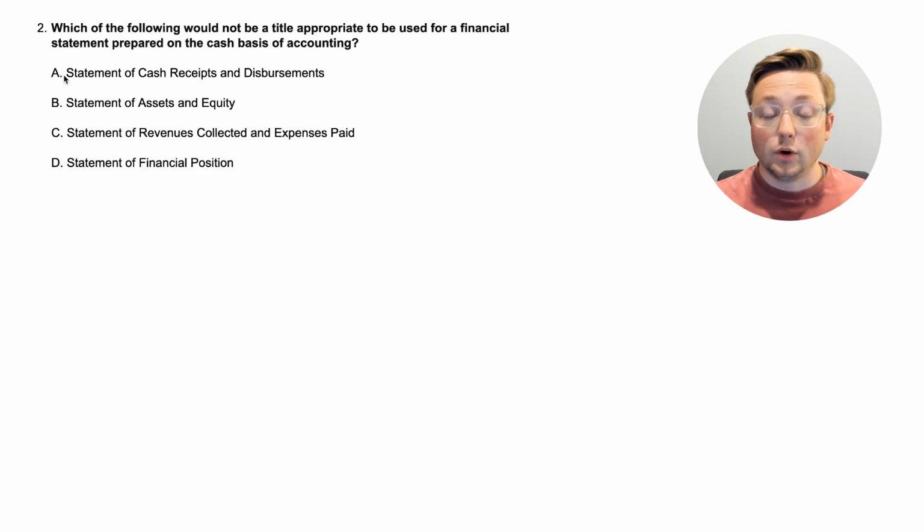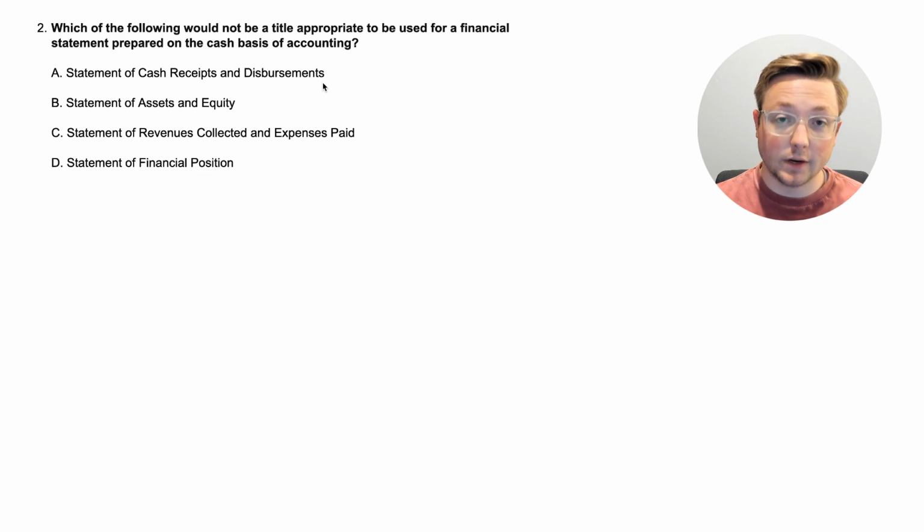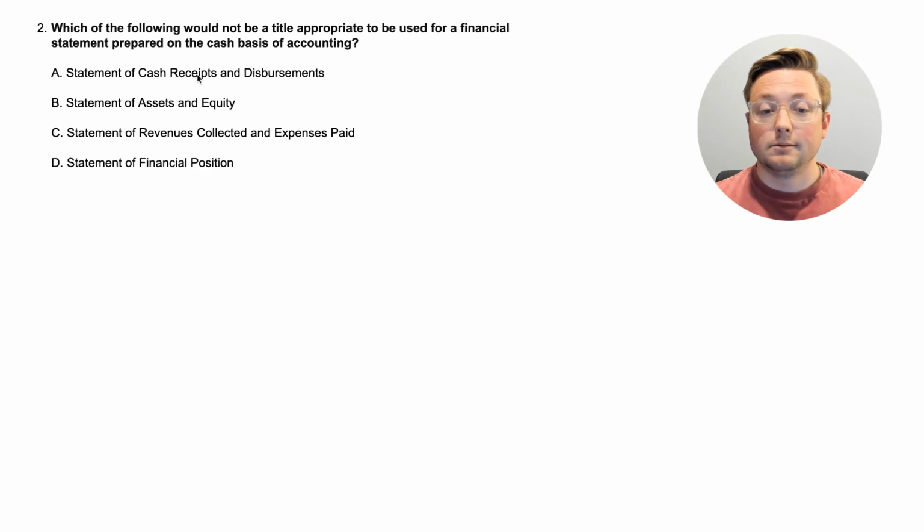So with that, would it be statement of cash receipts and disbursements, statement of assets and equity, statement of revenues collected and expenses paid? But by reading those first 3, those do not sound like the things we've covered in the previous videos where we've been going over FAR. They don't sound at all like the typical financial statements. Statement of financial position, we have talked about that one.